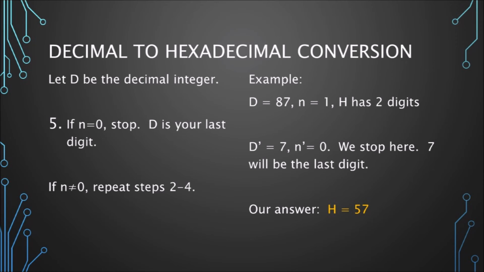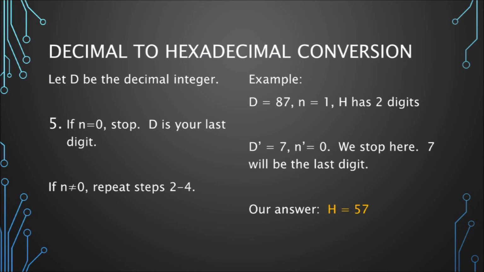Do not forget, if the digit is 10 through 15, use the appropriate letter. Otherwise, keep on repeating steps 2 through 4. In our example, since n is equal to 0, D has the value of 7, and that represents our last digit. In our conversion from 87 in decimal form to hexadecimal form, our answer is 57.